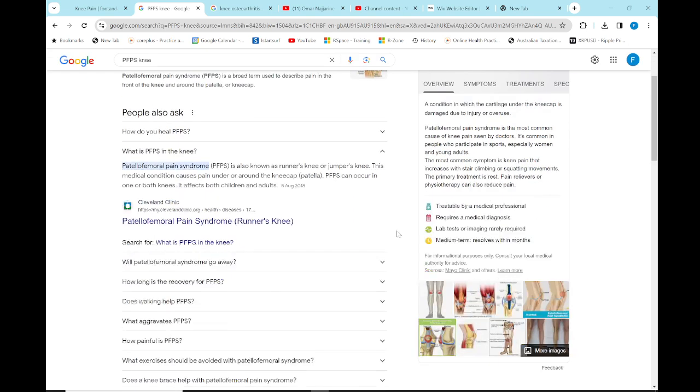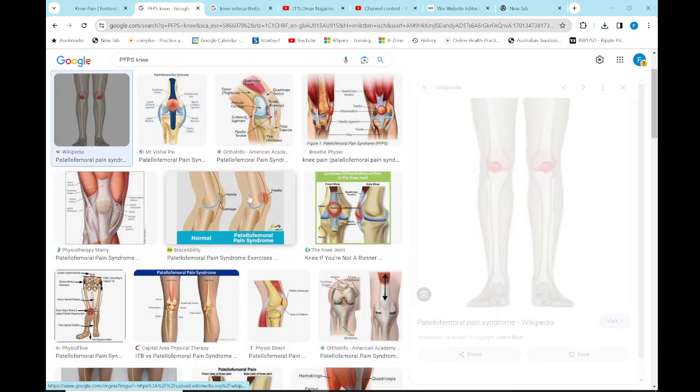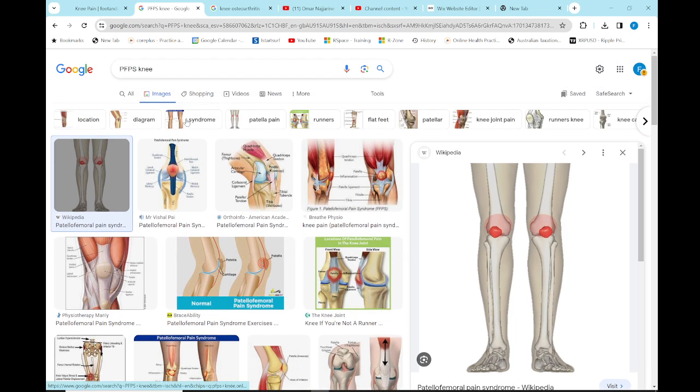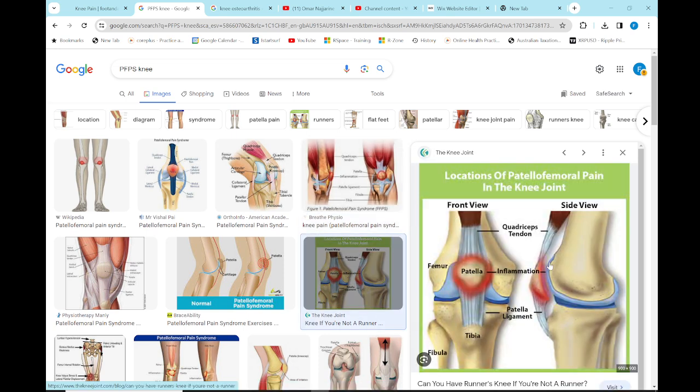Patients normally come into the clinic complaining of pain that is diffuse, so spread out around the patella of the knee. Normally symptoms occur when walking uphill or upstairs, anything that flexes and puts pressure around the muscles of the knee, and they have this pain around the patella bone.